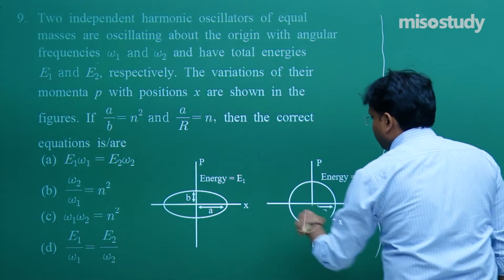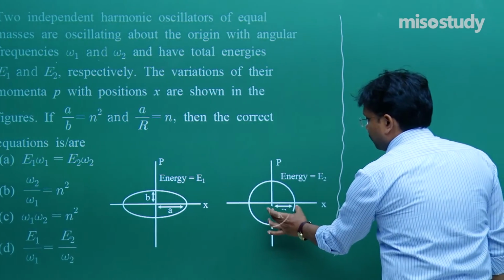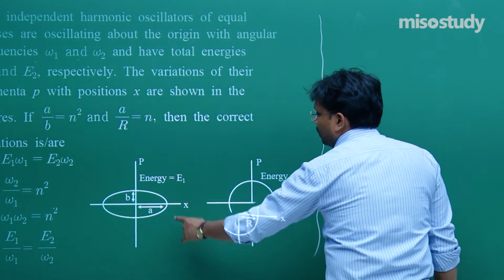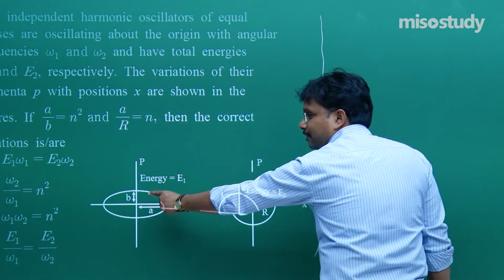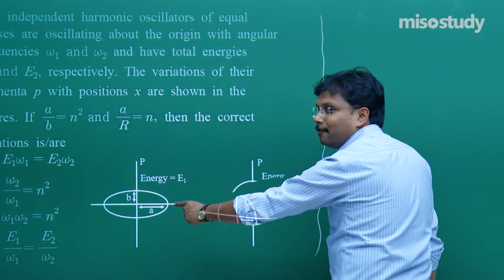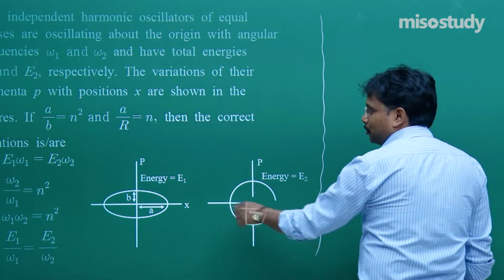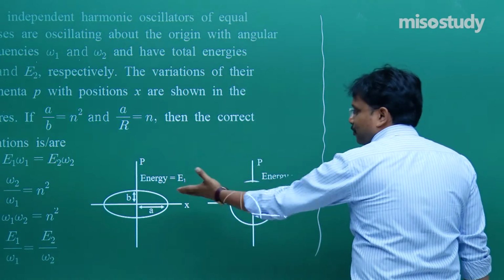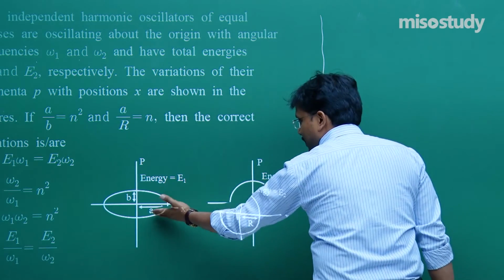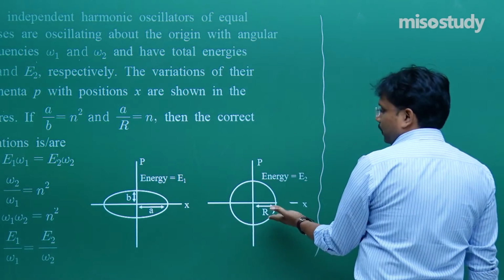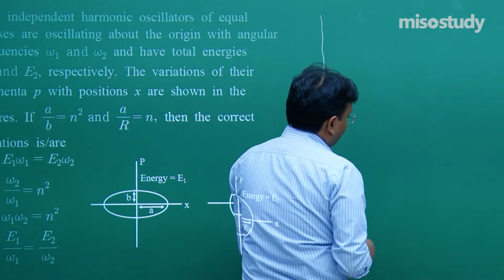This is the energy E1, this is the energy E2, this is radius R, this is a and b. Now the shape is visible: elliptical, and this is circular. It is a specific case when the major axis and minor axis are both equal to each other.